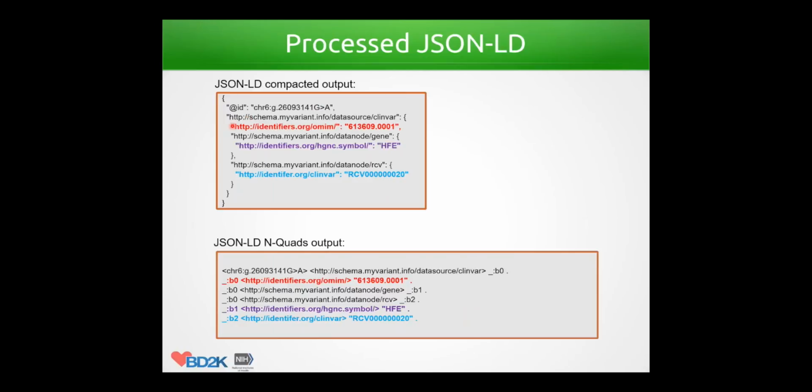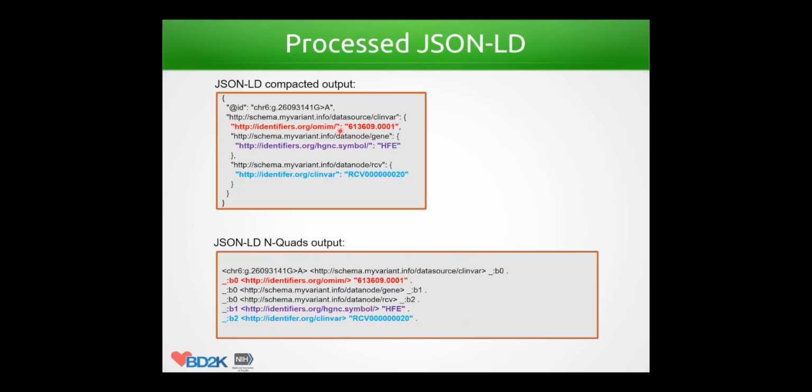You can see that the output doesn't have any arbitrary key names like ARM, symbol, or ClinVar; we have now replaced the key names with URIs. So it's a stable URI, and the value stays the same. And you can also see that any other attributes we didn't mark in the context are dropped. Only those attributes we marked in the context were left here.